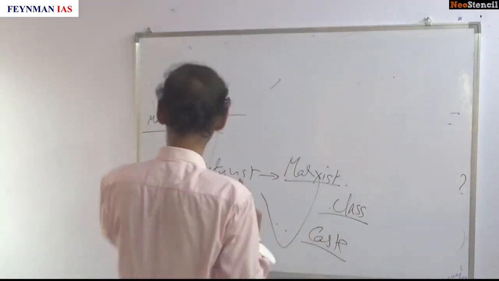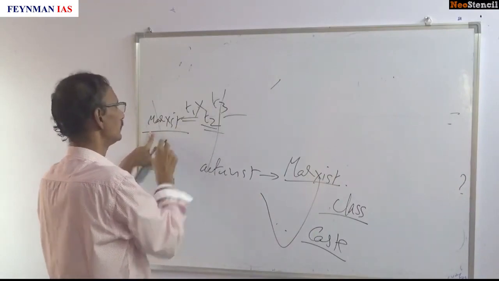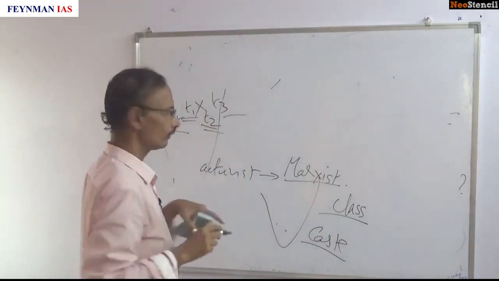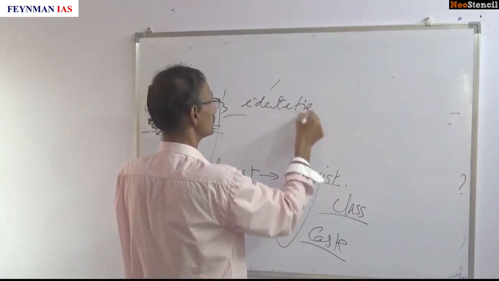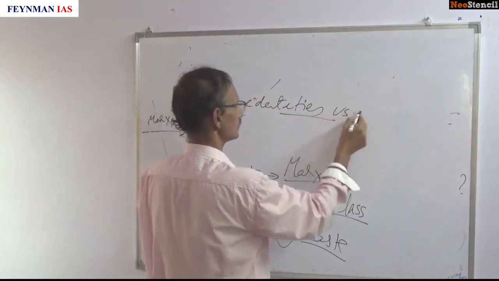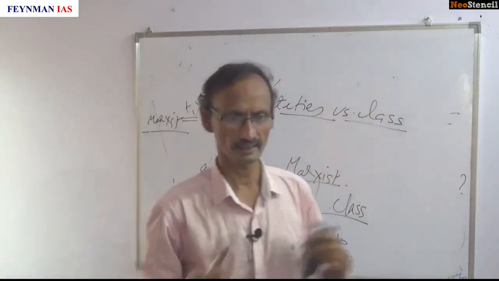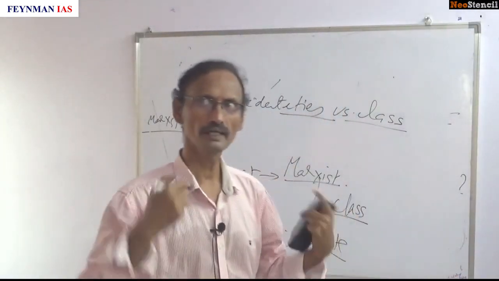He also had a problem of how to handle this. He is trying to work out a solution. What to do about identities versus class? Can identity be taken as a class? And if it cannot be a class, how should it be taken?